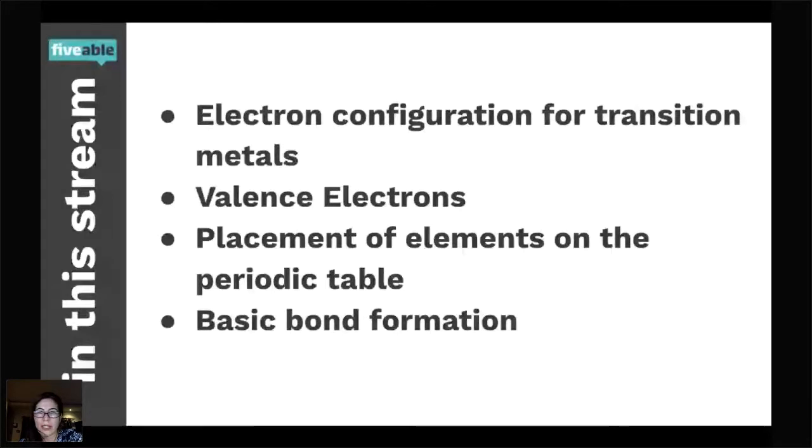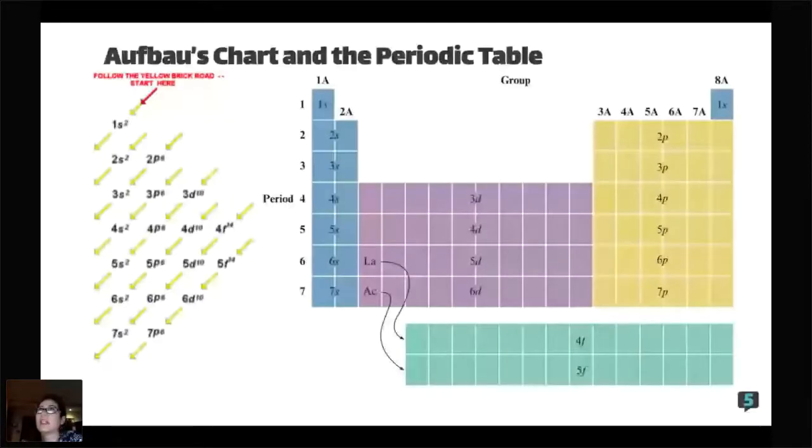Okay, just a reminder, remember last video we covered how to do electron configurations using our Aufbau chart and using the periodic table. And since in the AP exam and always in chemistry we have availability to a periodic table, it's easier to do it using the periodic table.